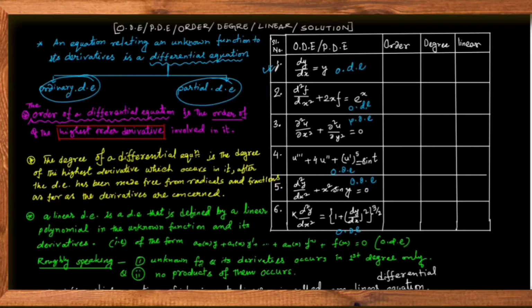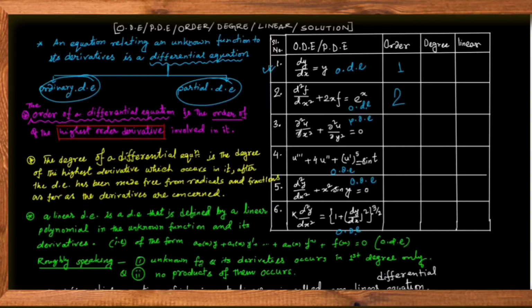So for the first example, dy/dx equals y, here the derivative is dy/dx, whose order is 1. Therefore, the order of this equation is 1. The second one, d²f/dx², this is the highest order derivative and its order is 2. Therefore, the order of this differential equation is 2.